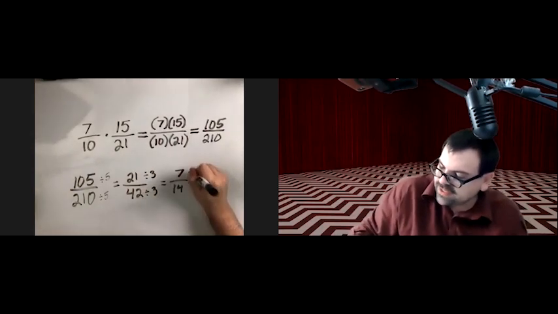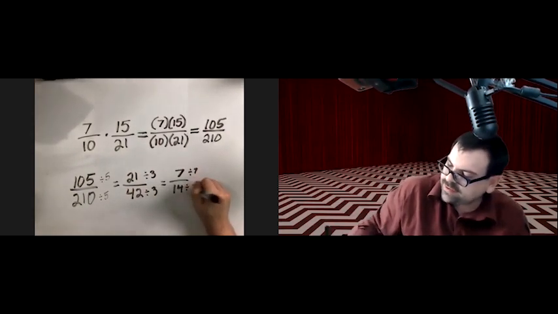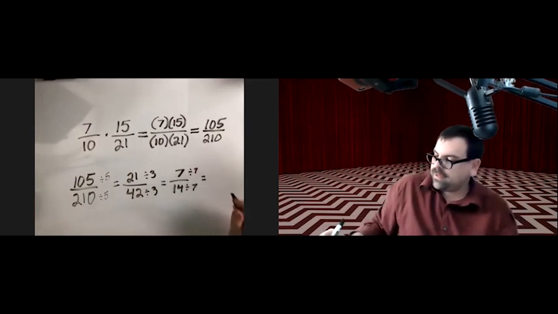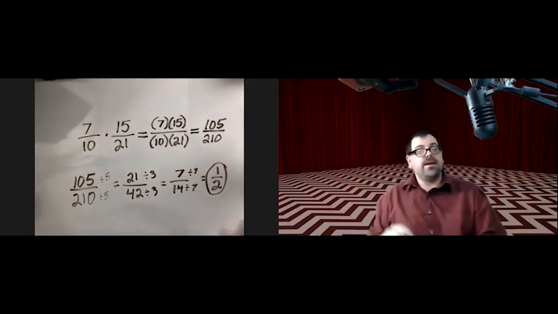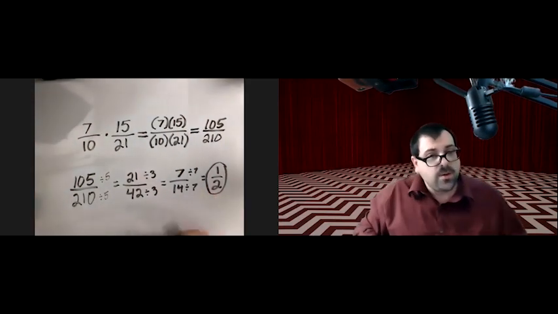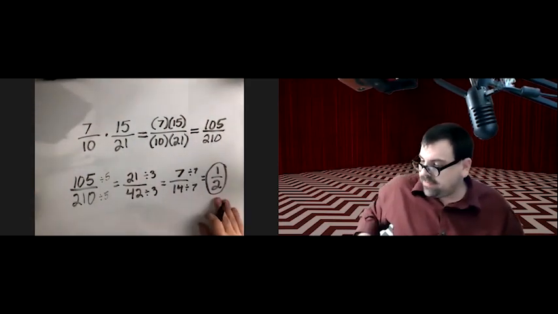And here I can divide top and bottom by 7. I end up with 1/2. Took me a while, but I did end up there.